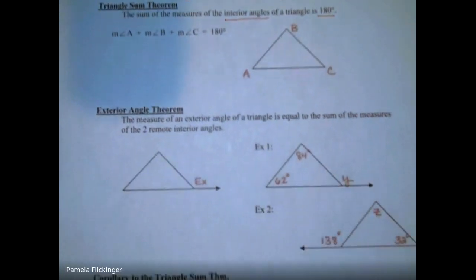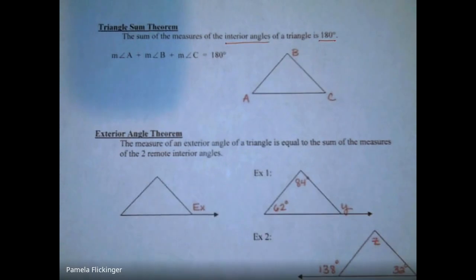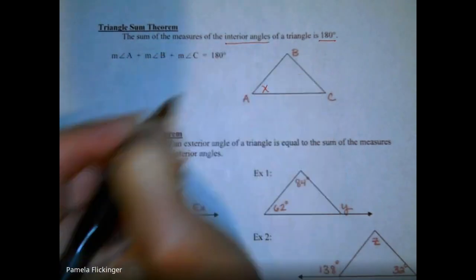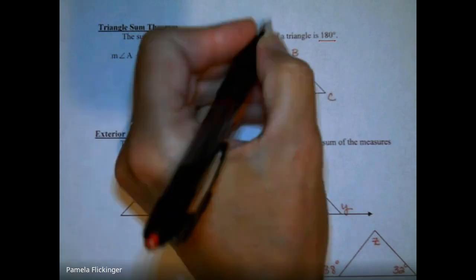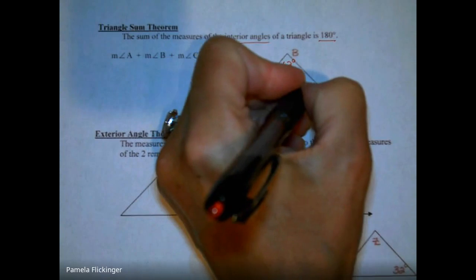Exterior angle theorem. Actually, let me back up to the triangle sum theorem. Let's do a little problem here. Let's put x in angle A, that will be our missing angle. Let's make this one 62 degrees and this one 57 degrees.